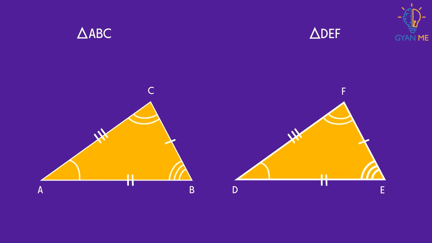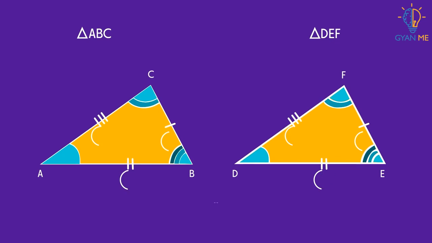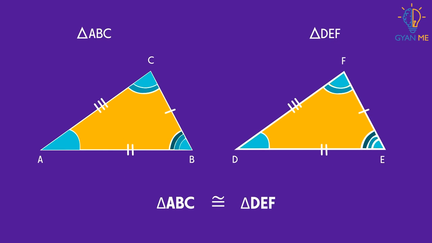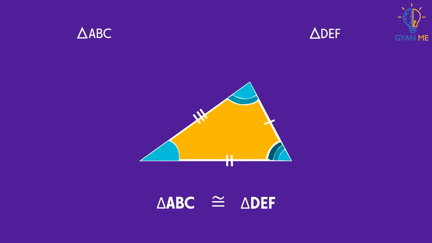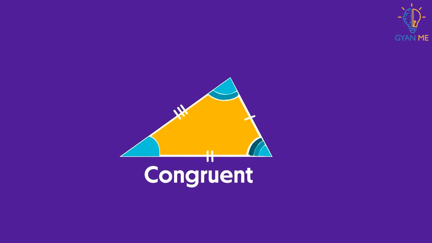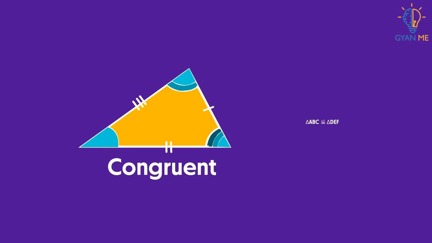So accordingly, as all corresponding angles are equal and as all corresponding sides are equal, the correspondence ABC corresponds to DEF is a congruence. Thus, these triangles can overlap each other perfectly. So we can say that these triangles are congruent. Mathematically, we write this as triangle ABC congruent to triangle DEF.